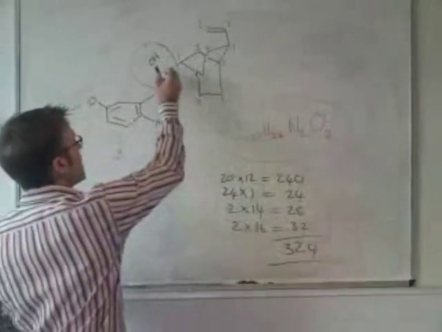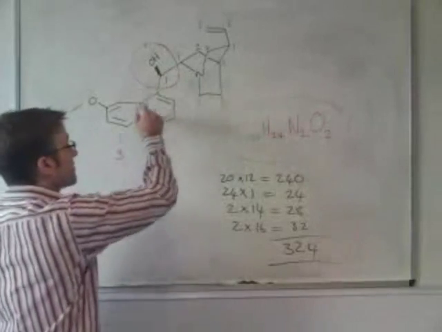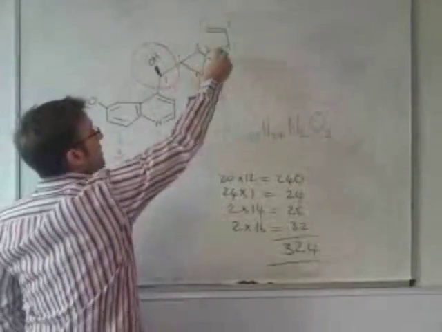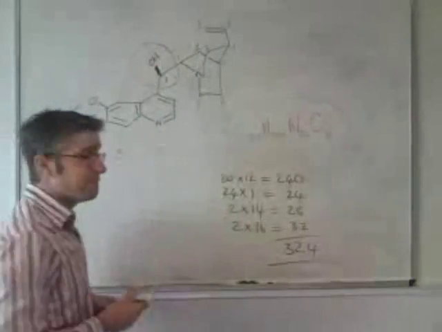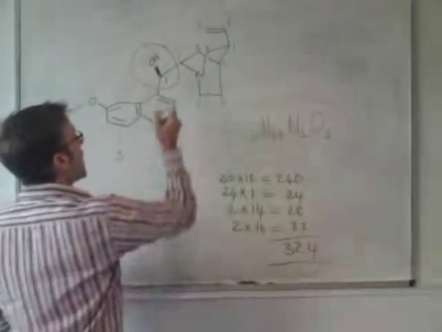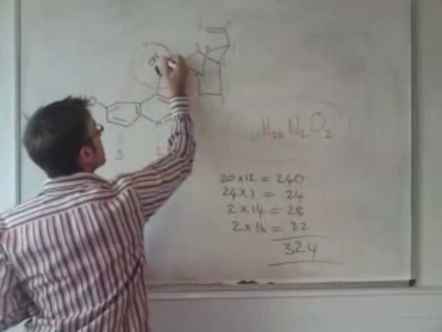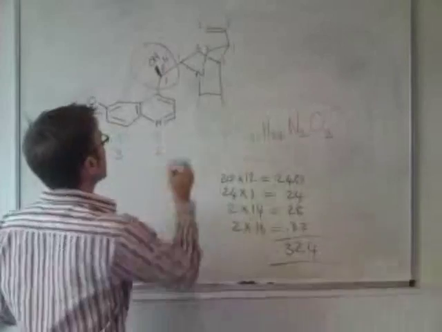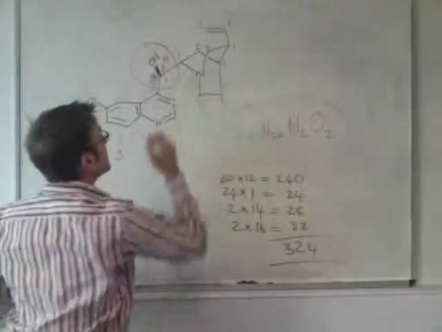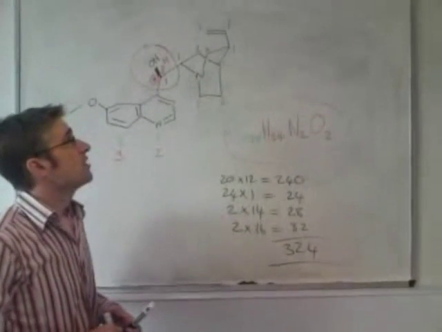If we look at this carbon atom, we have an aromatic ring, we have another ring with a nitrogen in it, we have an OH group, and our 4th group on here is a hydrogen, which must be pointing backwards if the OH was pointing forwards, and therefore this atom in quinine is a chiral centre.